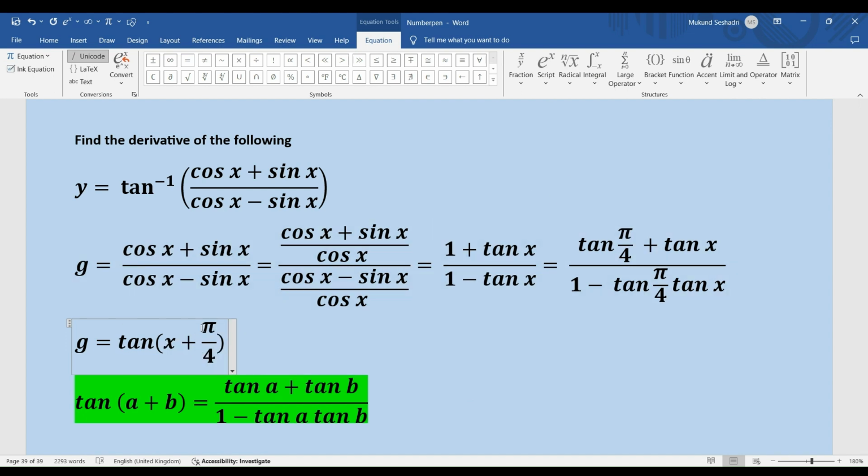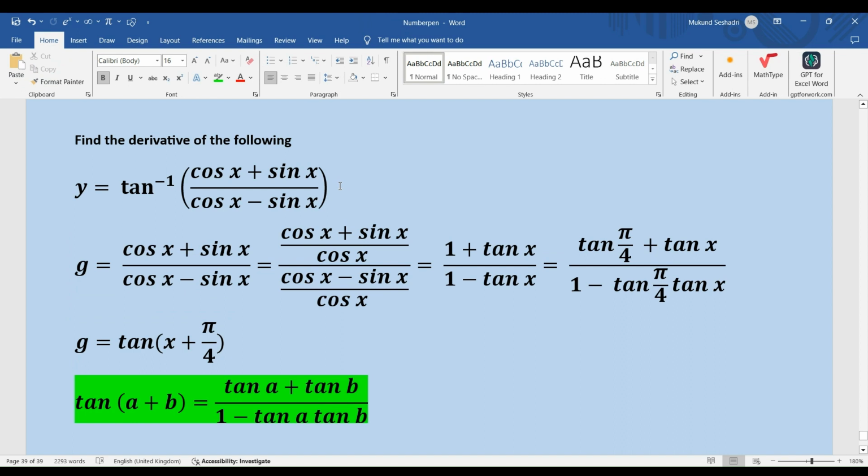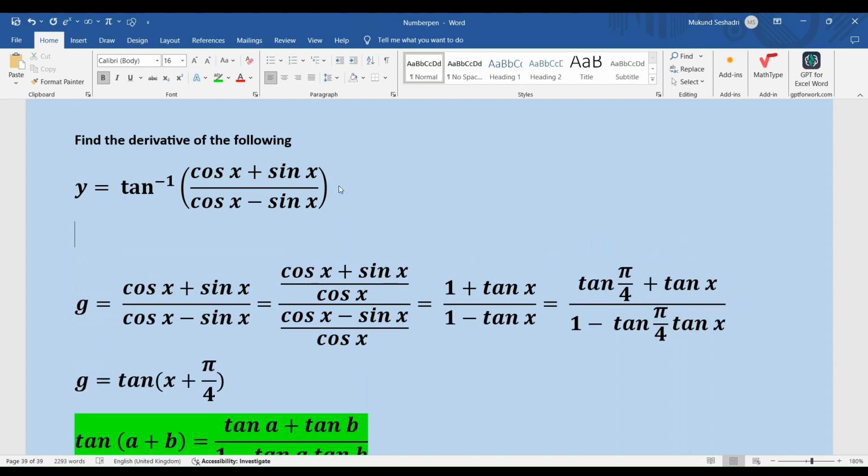And now you see I have a tan inverse problem, and the expression inside the tan inverse I have been able to bring to tan of an expression, right? Because a tan inverse of a tan is nothing but the expression inside tan. I hope you're following me. So tan inverse of tan theta is nothing but theta.